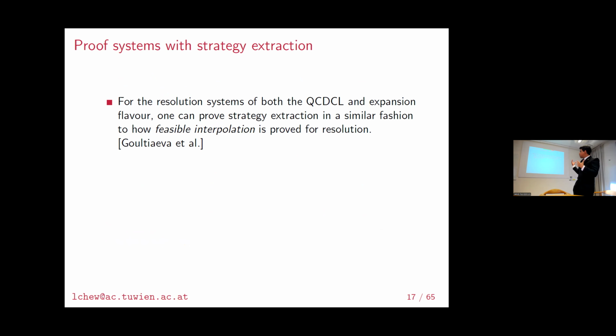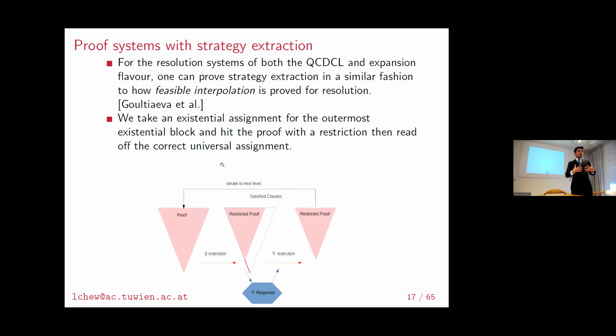Well, for the proof systems that use resolution, we can actually prove the strategy extraction in a similar way to how feasible interpolation is proven for propositional logic. So what you do is you put yourself in the perspective of the universal player, and you're equipped with this proof that is like a resolution proof. You observe what the existential player is doing on a particular turn, and they're going to assign some values for the outer existential variables.